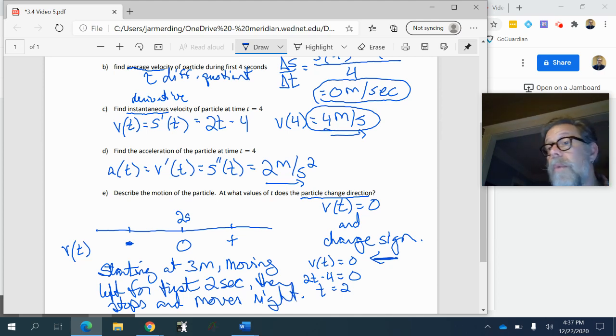That's the description of the motion of the particle. Because from then on, because acceleration is moving to the right, it's always going to be just getting faster and faster and faster to the right. Okay, good. Velocity and particle motion.